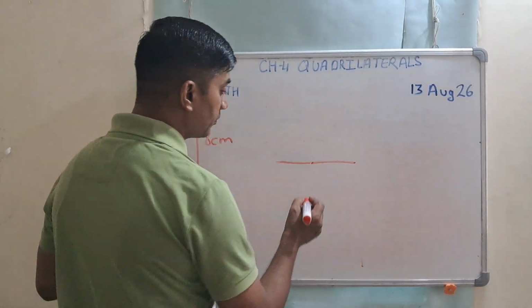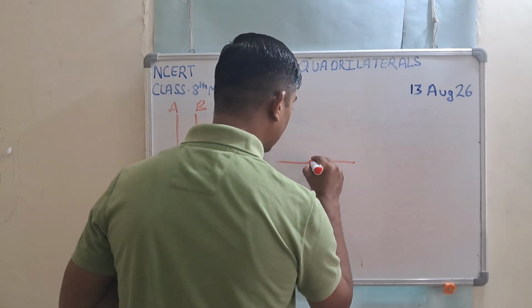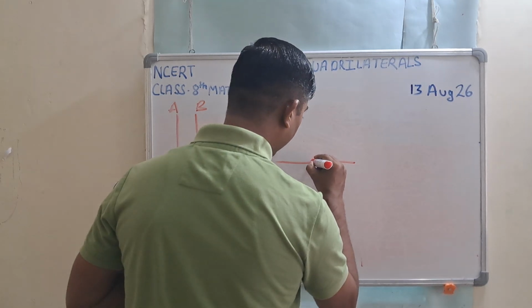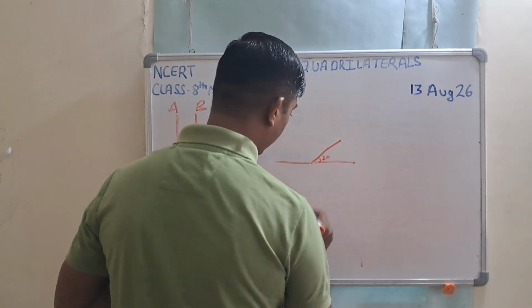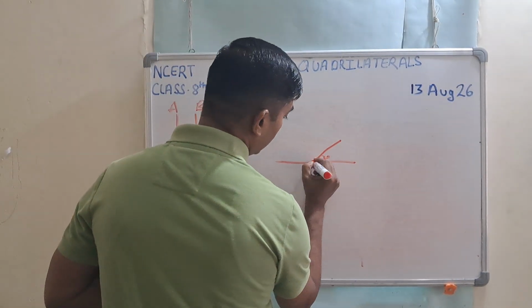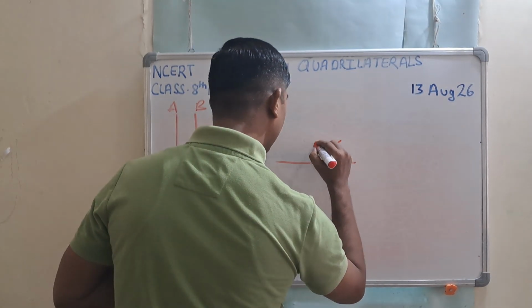Understood? Now from this midpoint, draw an angle of 30 degrees using your protractor. Understood? And from this point, this length should be 4 centimeter.